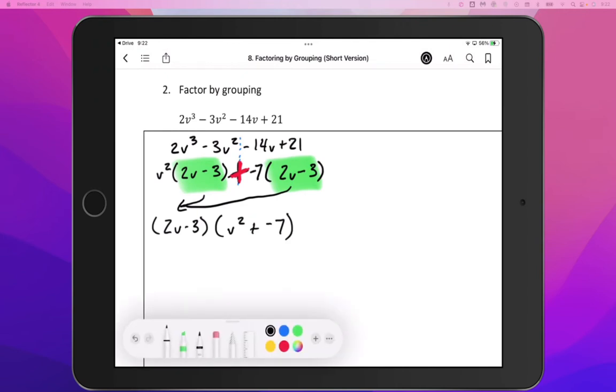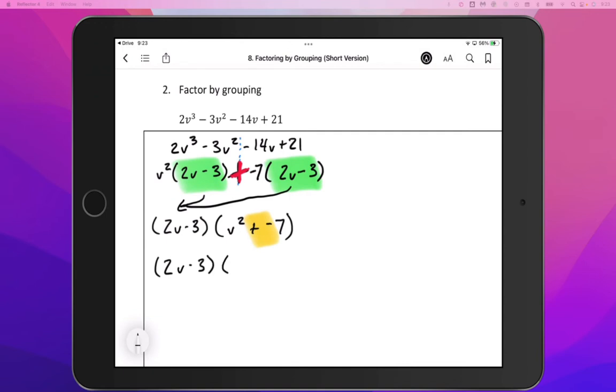And this right here is not a happy time, so we got to do something about that. A positive sign and a negative sign will combine to make a negative sign. So we'll clean that up. 2v minus 3 times v to the power of 2 minus 7 is going to be where we end up.